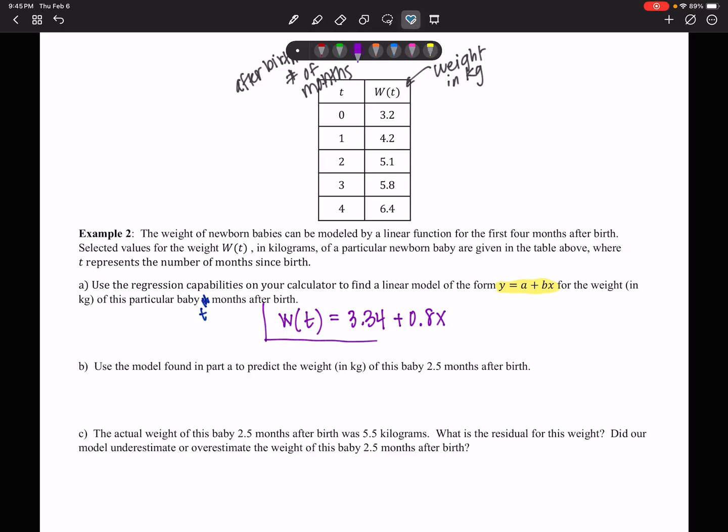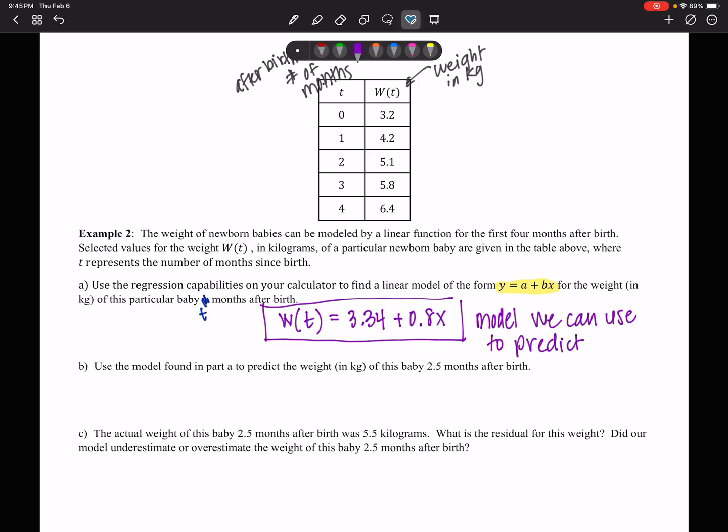So that right there is our model that we can use to predict. And when we predict within the data, it's called interpolation. When we predict outside the data, it's called extrapolation.